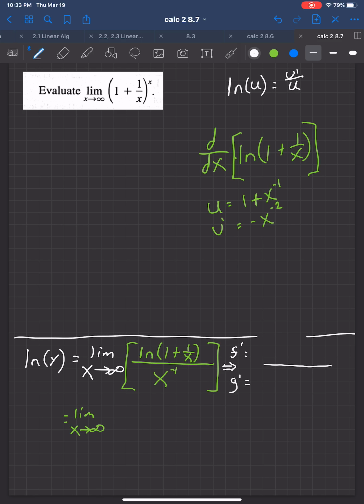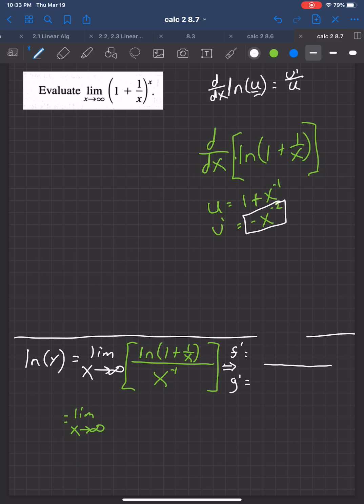The derivative of ln of x is just 1 over x. But if you have more going on inside of your ln function, like in this case, we have 1 plus 1 over x, it's just u prime over u. So in this case, we have u prime over u.